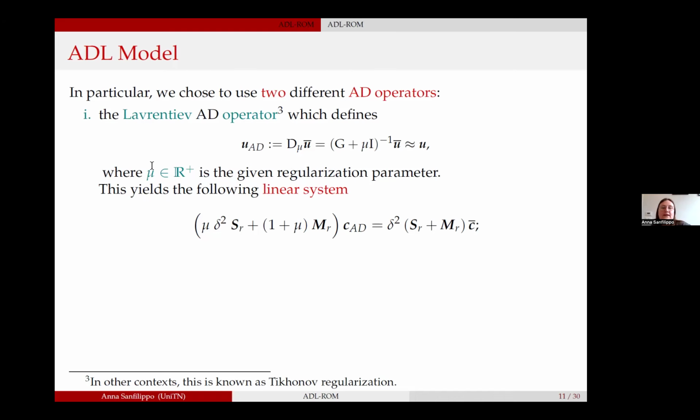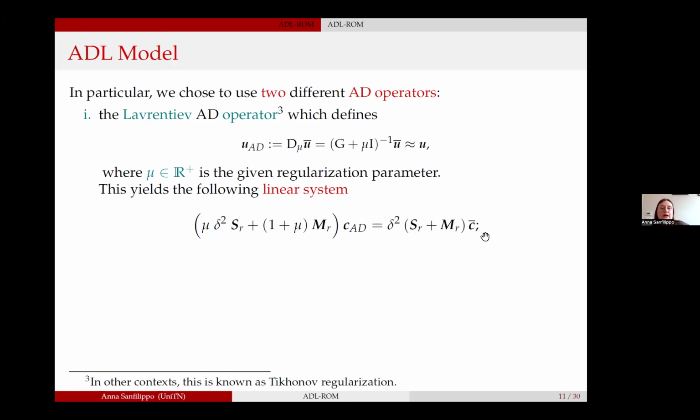where mu is the characterizing parameter of Navier-Stokes, and is set by the user again at the beginning of the computation. And in this case, this problem solved in UAD is equivalent to the following linear system, always of small dimension R, where we have the stiffness and the mass matrices, all the parameters.